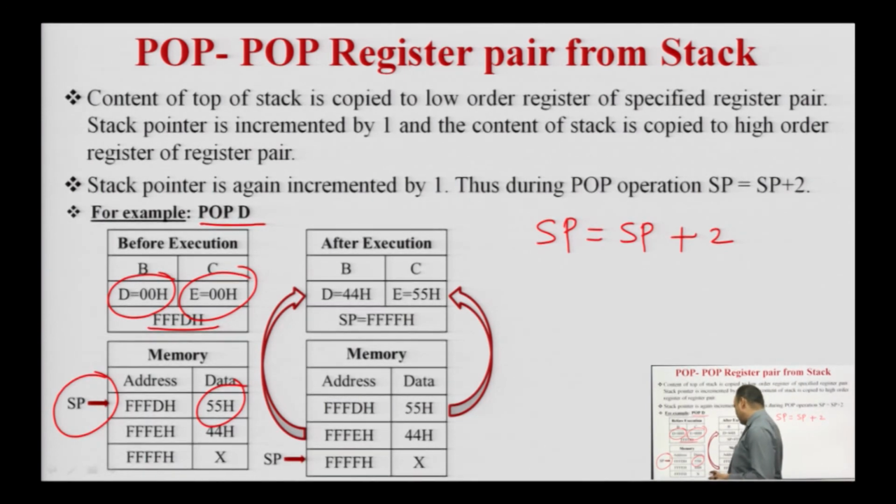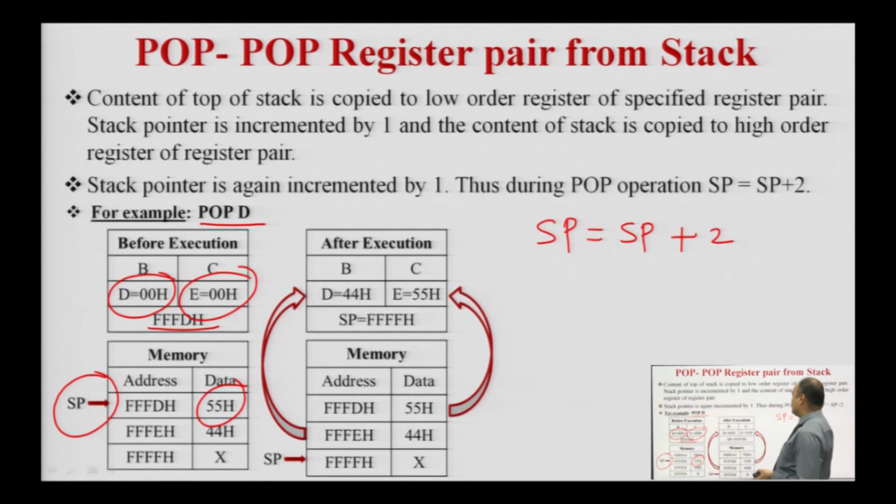So, it will point to the next memory location, the content becomes FFFEH, and then the microprocessor will pop the content of that memory location into the D register. So, before the execution of this instruction, the stack pointer points to the memory location having address FFFDH.